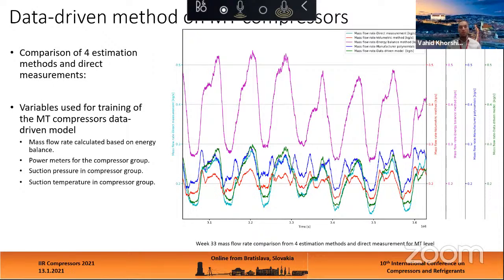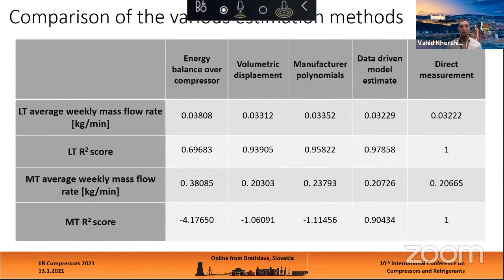Together with the mass flow rate from energy balance, we had power meters, suction pressure and suction temperature in the method. The comparison of the different methods brings us to the same point.